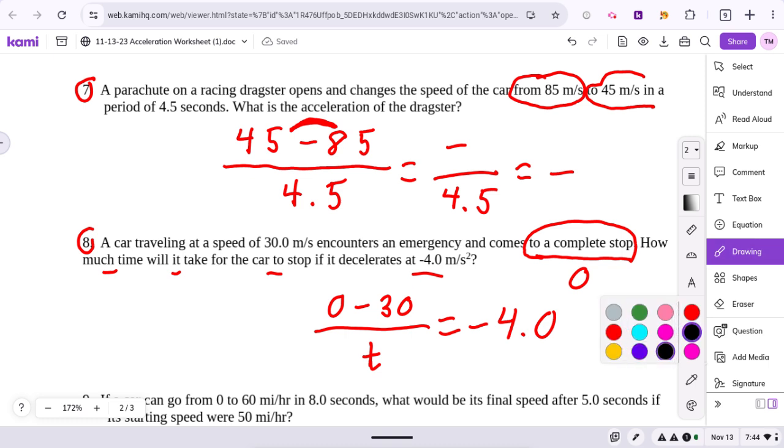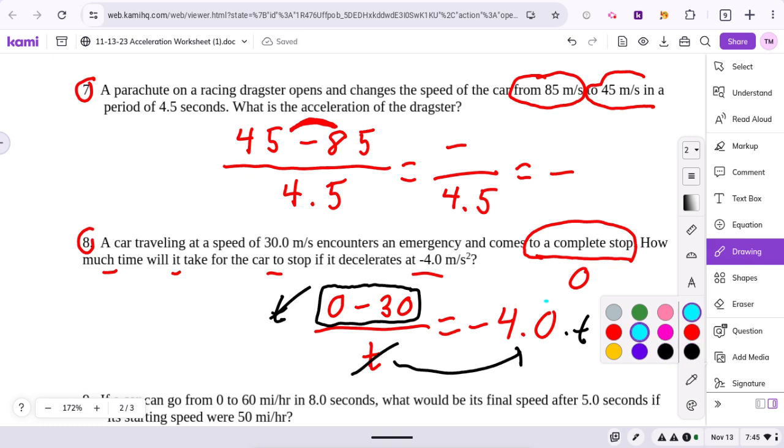So you'd multiply by t over here. So -4.0 times what to get this -30 here? So remember, you would multiply by t on both sides. These would cancel. And then you're going to solve for t on the right here. So you'd end up with an equation like this because you will get -30 here because 0 minus 30.